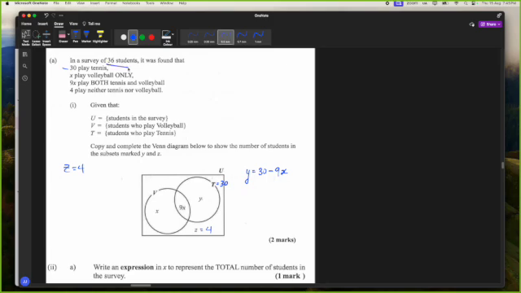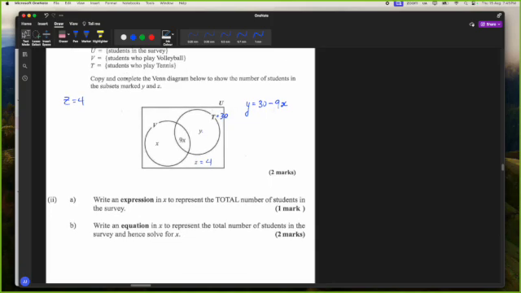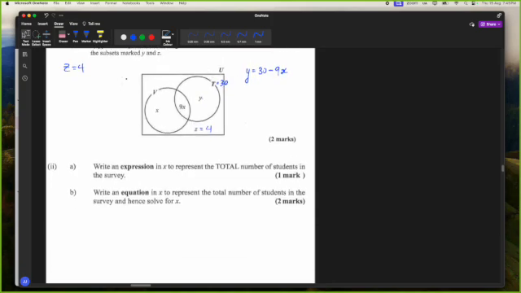But they say an expression, they didn't say equation. So you see an expression and an equation, right? So the expression in X representing the total number of students in the survey, well, that is this amount X, and I'll just write it on the side here actually.